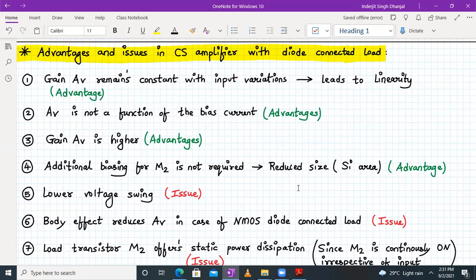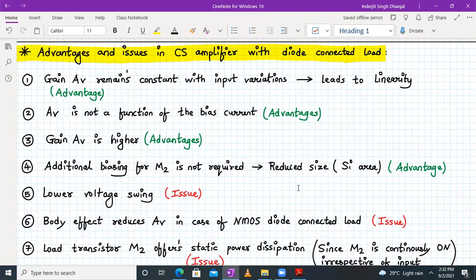That's also what we have seen in the observations from equation 10.5.1. So this is also an advantage. Gain AV is higher compared to other loads, like resistive load, current source load, diode load, and even NMOS diode connected load. So their voltage gain is higher, and it's precisely set by the transistor sizes.